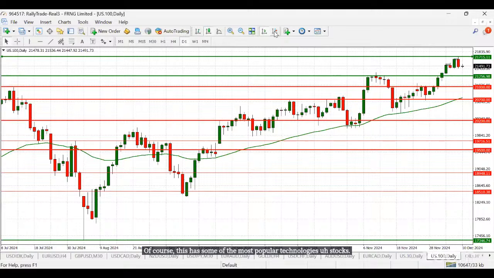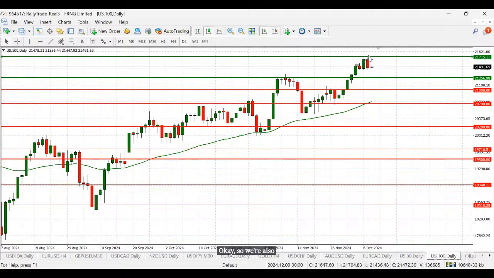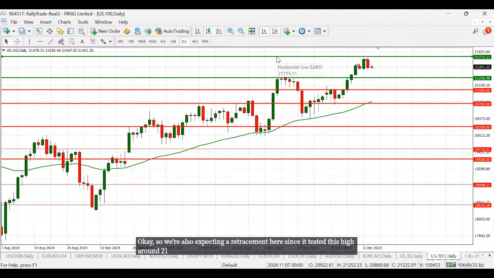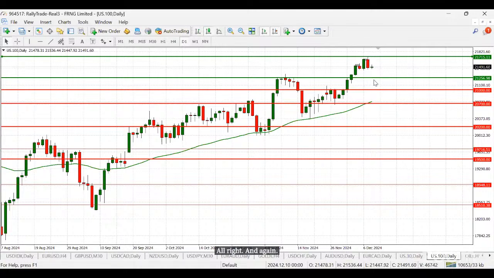So we're also expecting a retracement here since it tested this high around 21,715. And again, because it is bullish, we're also expecting to look for buy opportunities after the retracement. We're looking for opportunities to buy at support, or a break above resistance, in which case that resistance returns to support.